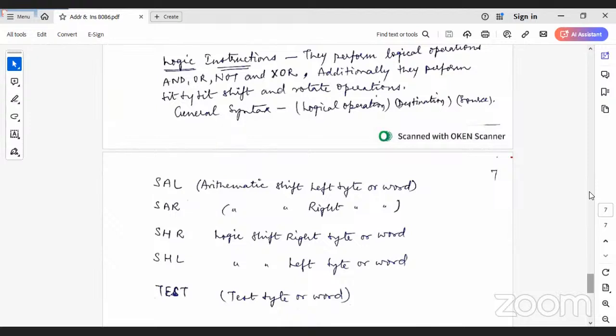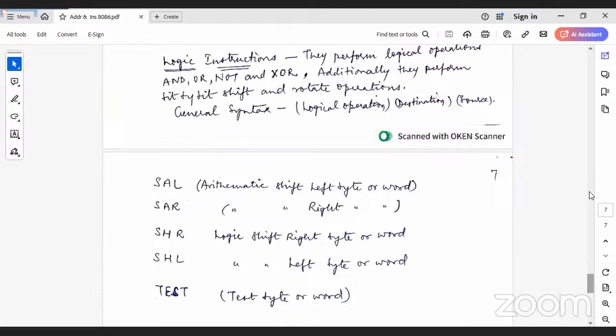Now, rotate operations, when you are writing rotate left, rotate right, that left and right directions should be proper when you are discussing the rotate operations. So in the 8085, I discussed this point in the class, I remember. You have to be very careful.